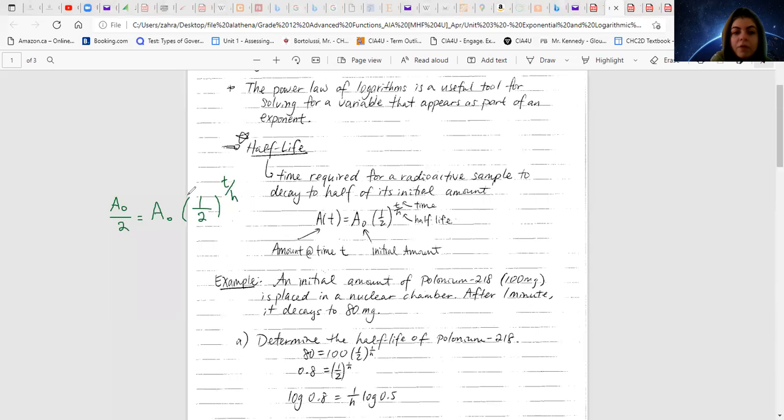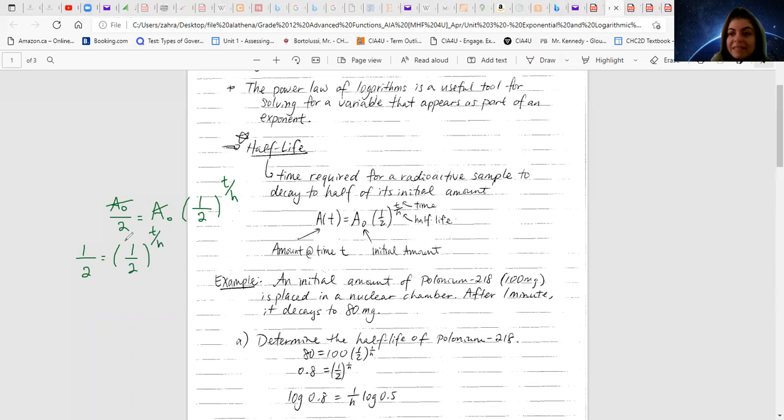I want to see the time that it takes for the material to decay to half of the original. A0 and A0 will cancel from both sides, and 1/2 is equal to 1/2 to the power of t over h, right?